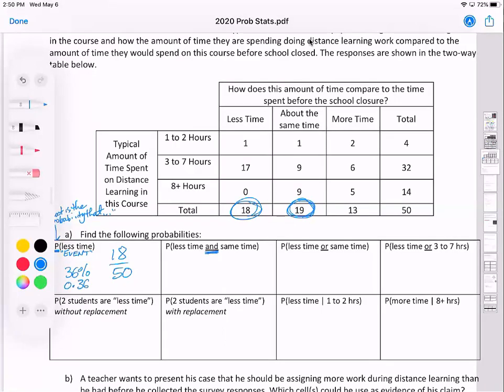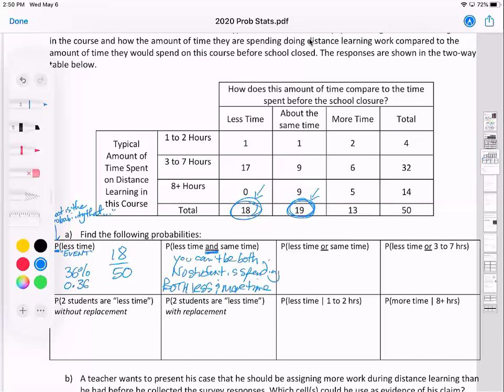Well, wait. Probability you spend less time, there are 18 students there, and that they're spending the same time, there are 19 students there. You can't be both. No student is spending both less time and the same time.